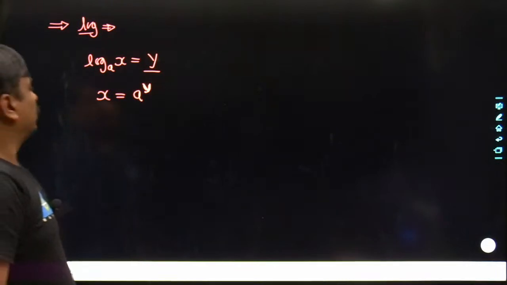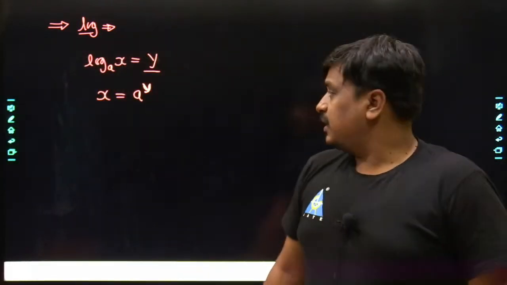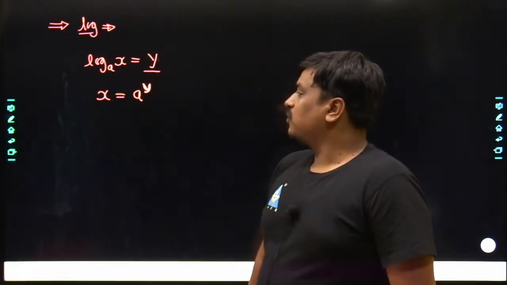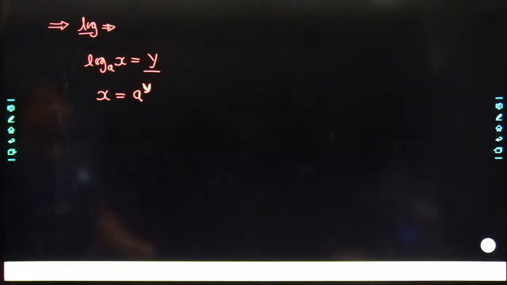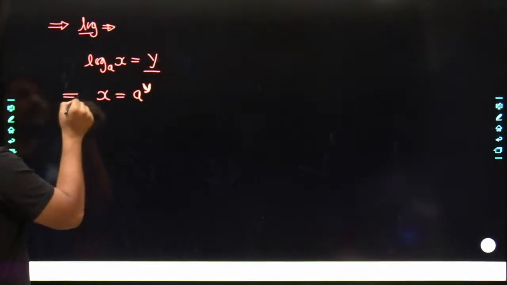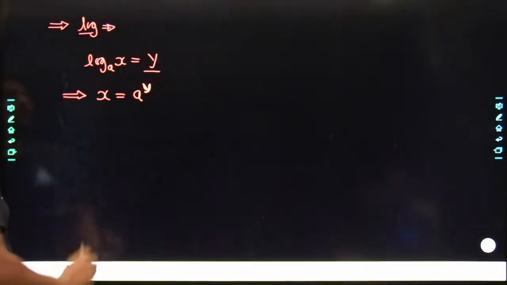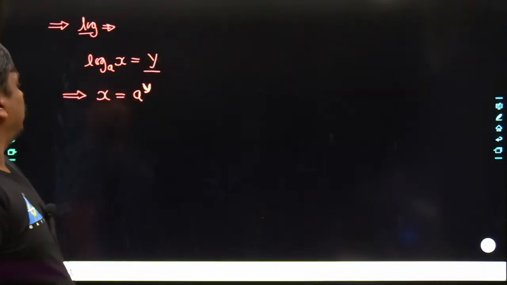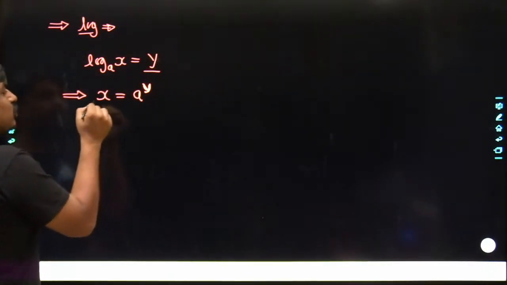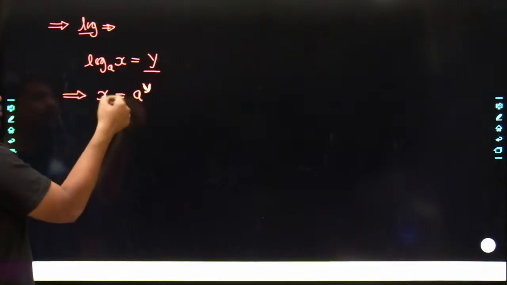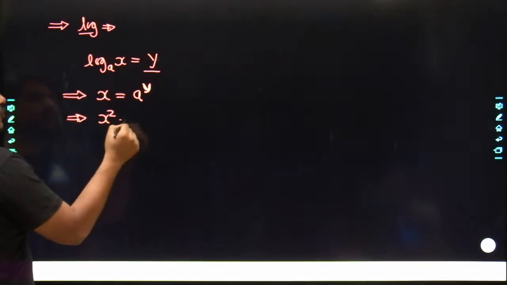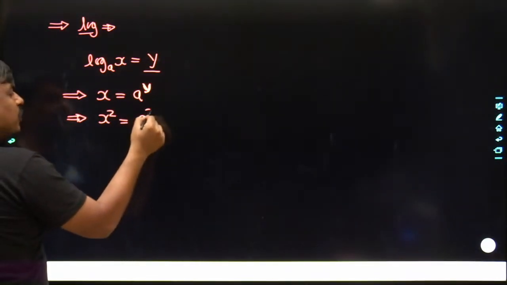Should I repeat it once again? That is, x is a to the power of y. Yes, my dear friends. Now, a few of the important conclusions which we can retrieve out of this. If I take the square on both sides, it would become x square and it would become a to the power of 2y.